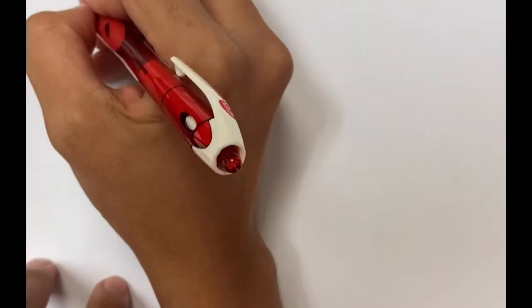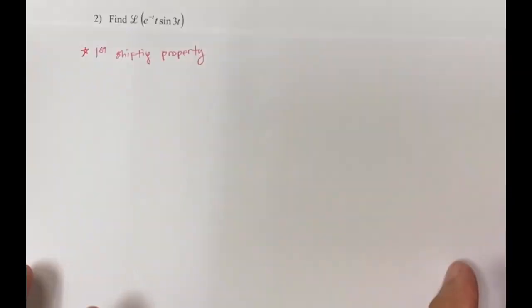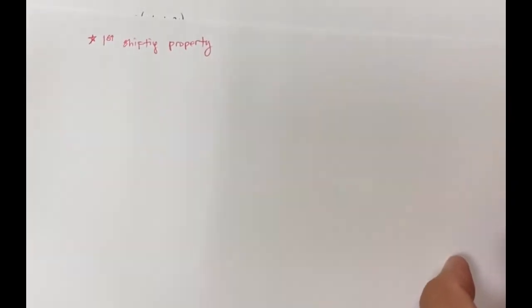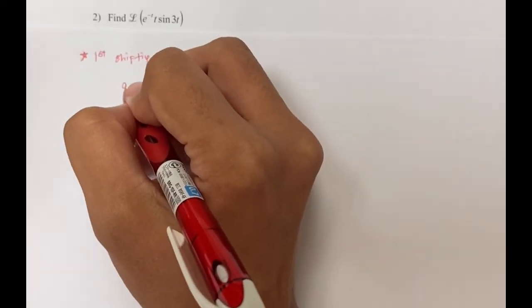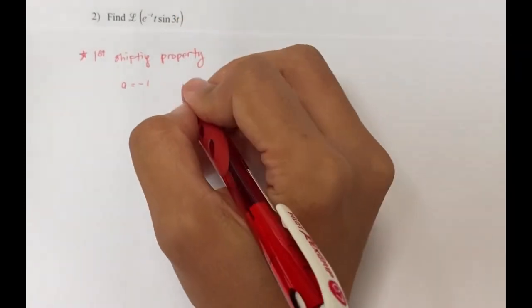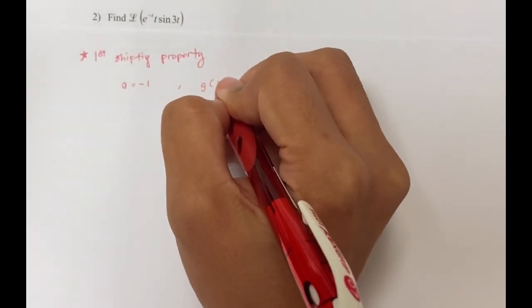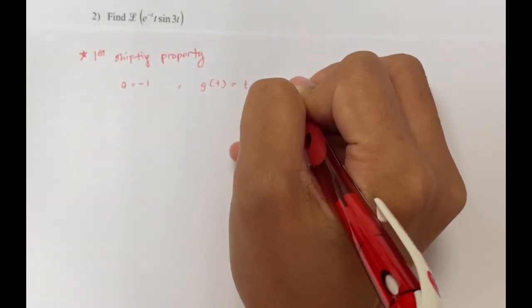Let's see what happens if I start with the first shifting property. If I want to start with the first shifting property, I need to determine my a first. My a now is negative 1, and my g(t) is equal to t sine 3t.